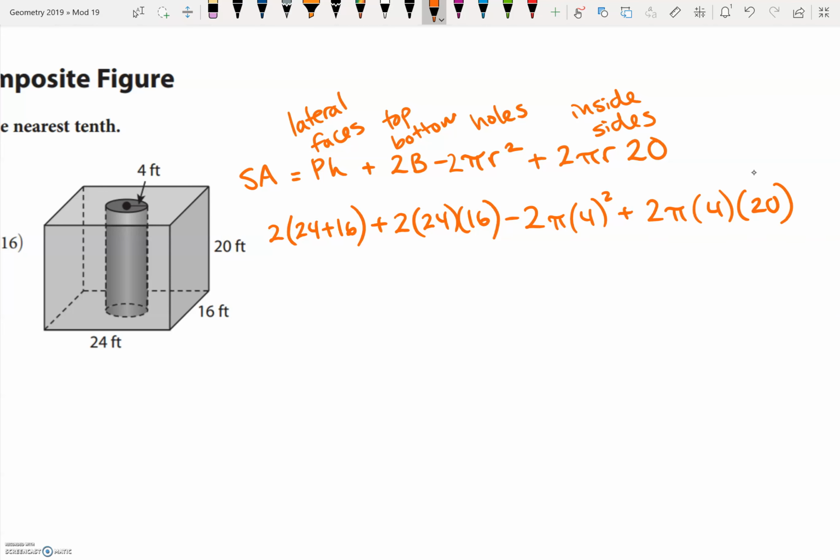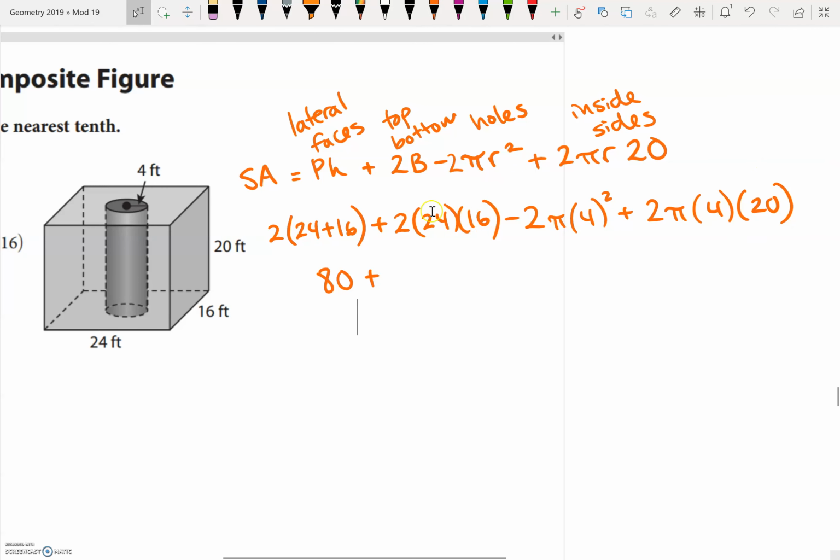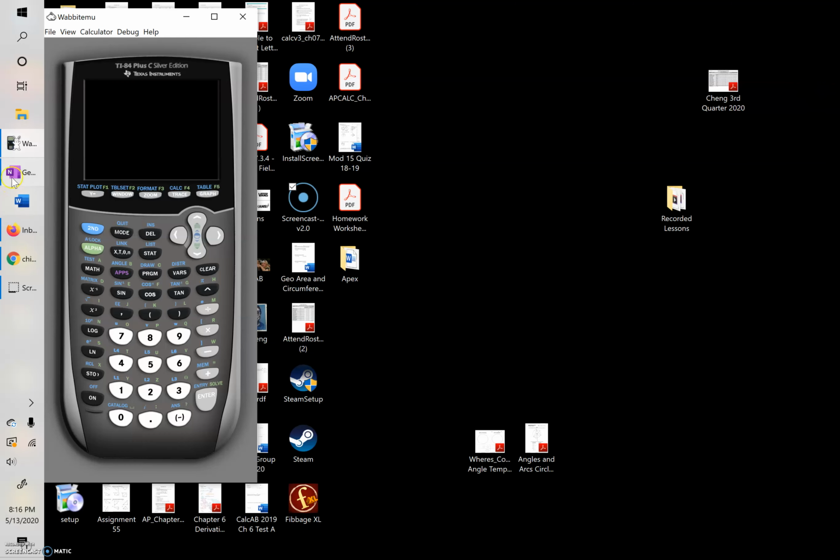Now let's see how much of this we could do without a calculator. We've got 24 plus 16 is 40. 40 times 2 is 80. Nope. 24 times 2 times 16. No thanks.